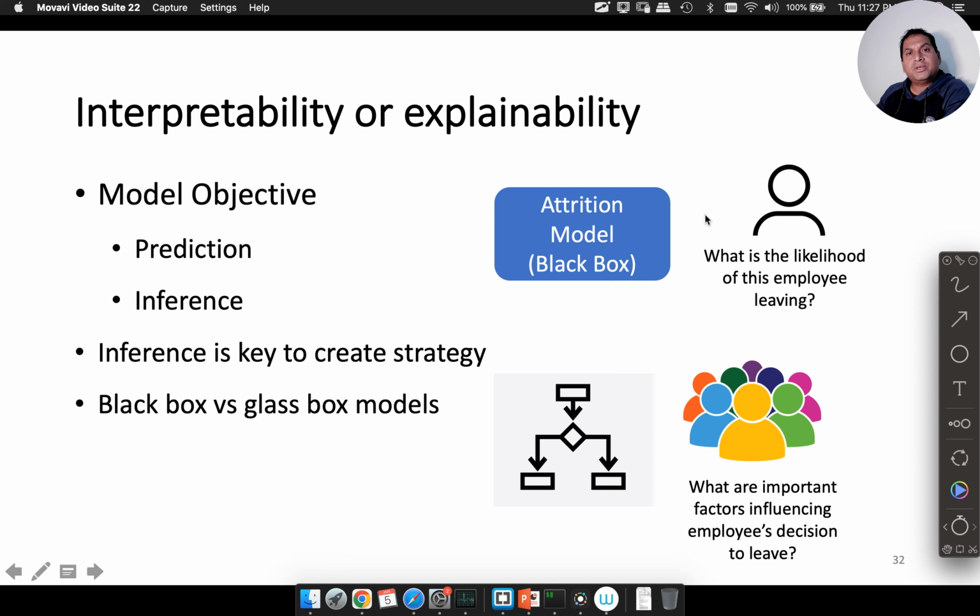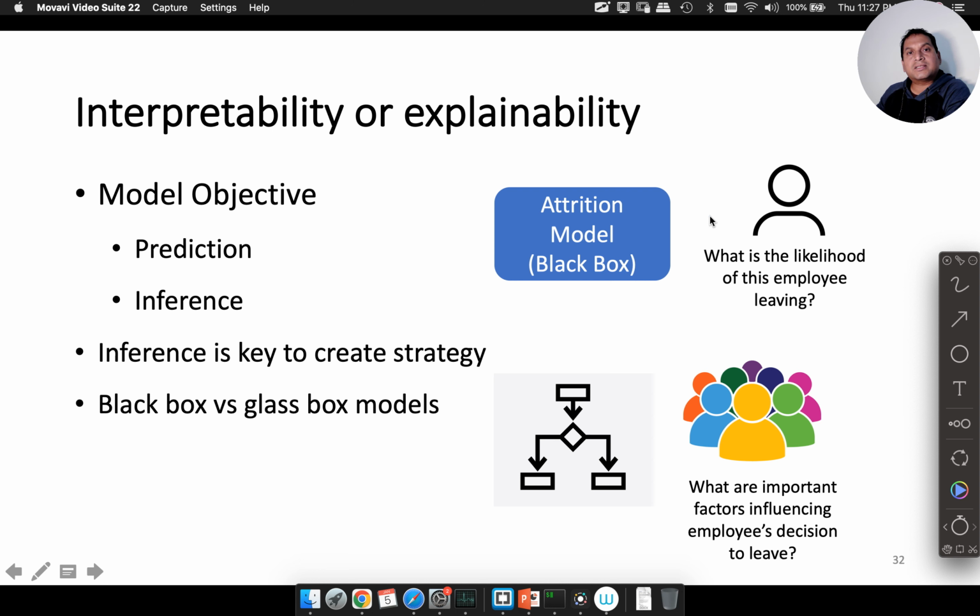But sometimes organizations build attrition models to understand what factors are influencing employees' decision to leave, or to derive a rule from the data which explains the attrition behavior of employees in an organization, so that the organization can make a policy intervention or create a strategy to reduce attrition at the organization level.